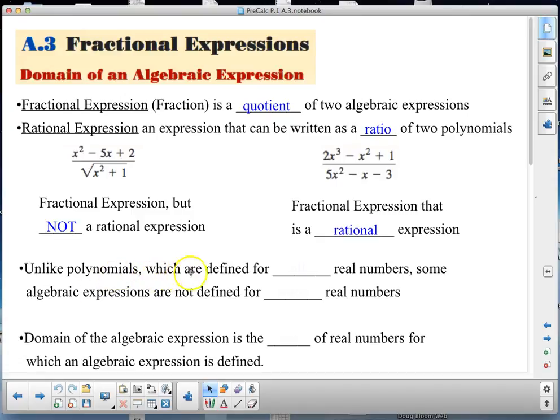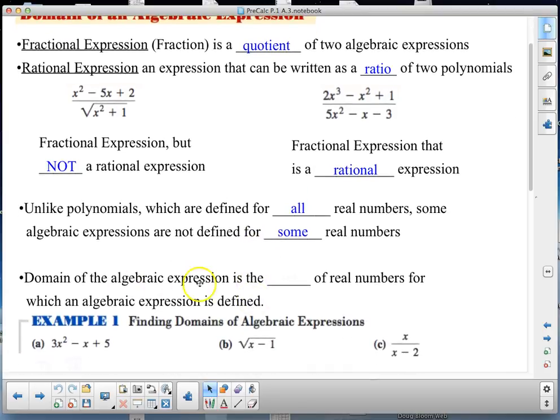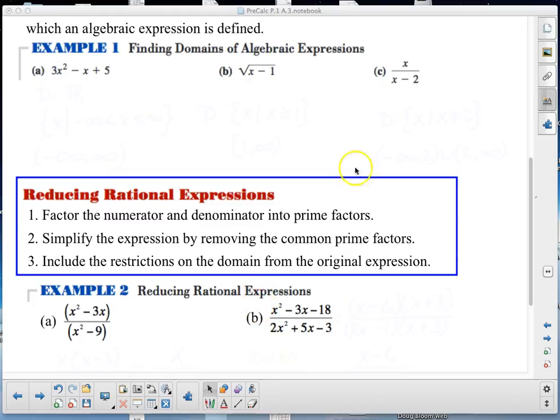Unlike polynomials, which are defined for all real numbers, some algebraic expressions are not defined for some real numbers. The domain of the algebraic expression is the set of real numbers for which the algebraic expression is defined. Now, in example 1, finding domains of algebraic expressions.